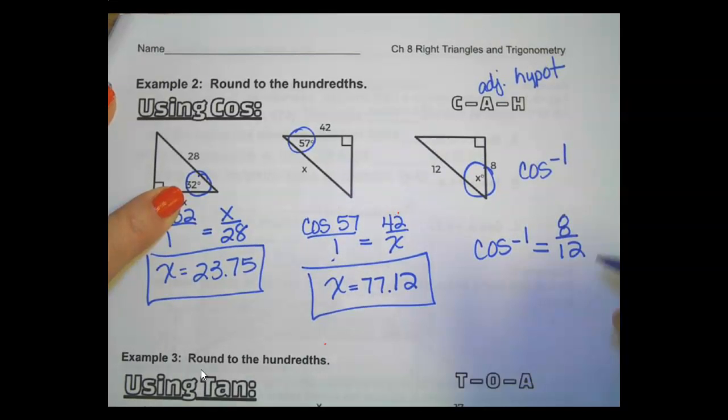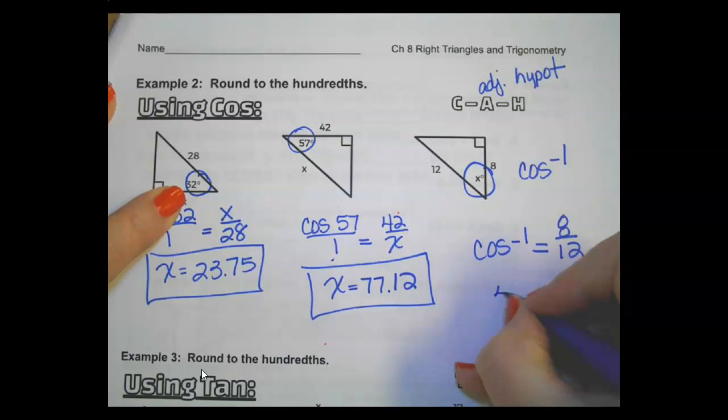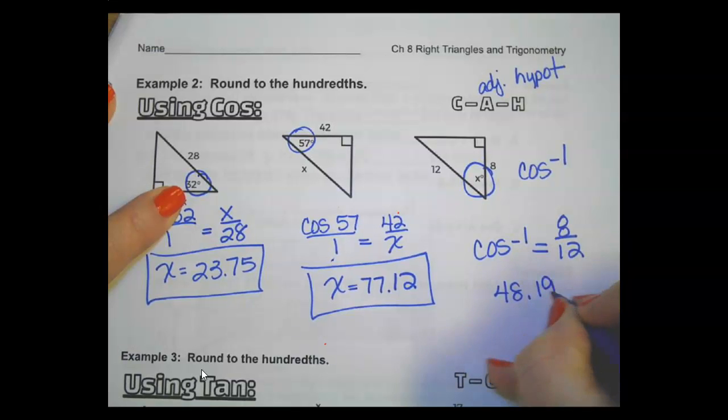And again, this is not simplified, so that's A-OK, and we're just going to pop that into the calculator. So second, hit this guy, 8, ABC, 12, and I get 48.19 degrees.